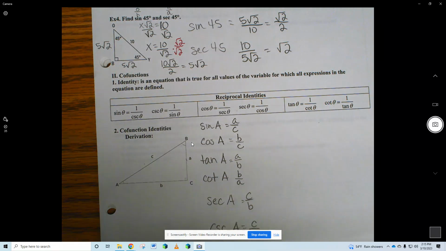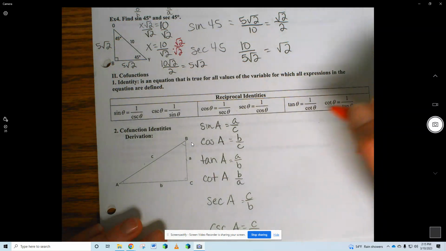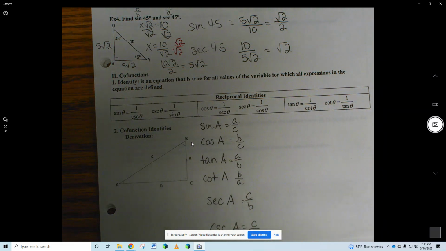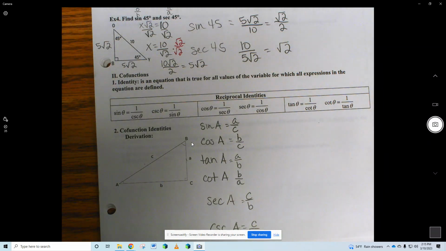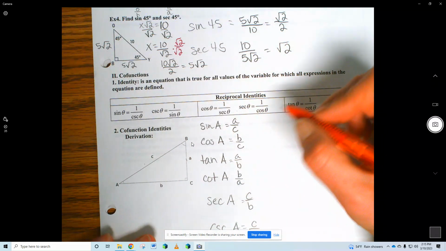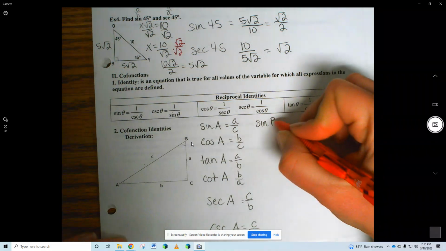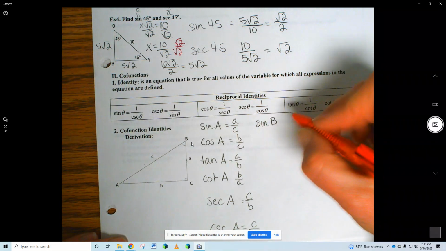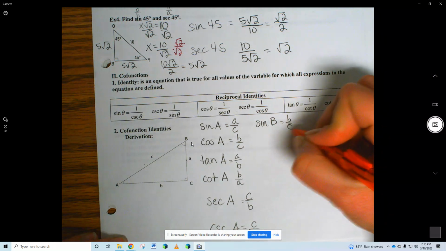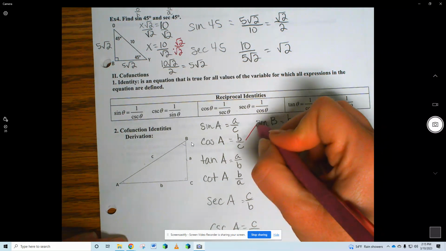Then I'm going to do all of angle B, but they're going to match up, just like we saw on the front page. Sine of angle B is going to be B over C, which matches with that.